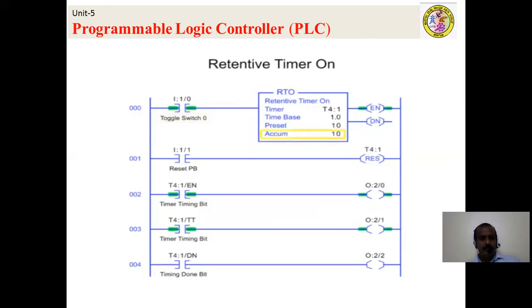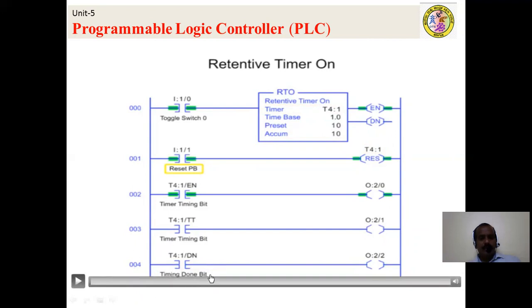As the accumulated value reaches the preset value, the done bit goes true and enables the output. A programmed reset instruction with the same address of the timer is used to reset the retentive timer. So we use the reset button to reset the timer after the total retentive time is over.